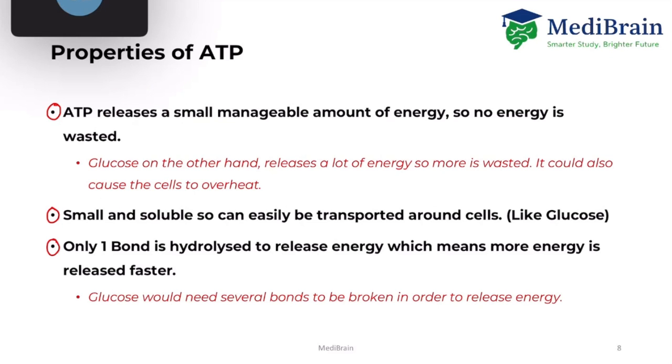So ATP is much faster at being hydrolyzed because only one bond needs to be hydrolyzed. ATP is present within cells, okay? And because it's present within cells, it can act as an immediate source of energy and it releases energy in small manageable amounts because ATP is smaller than glucose. It only has one bond, so you can use how many ATPs you want depending on how much energy is required.